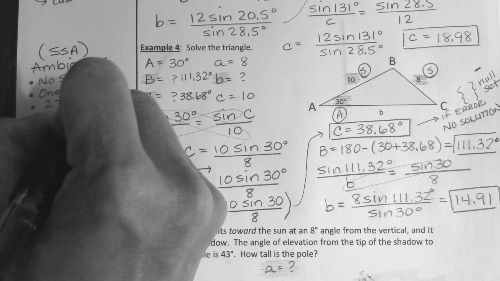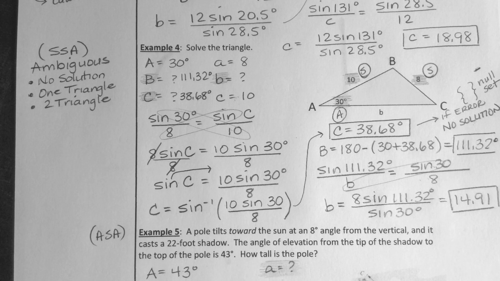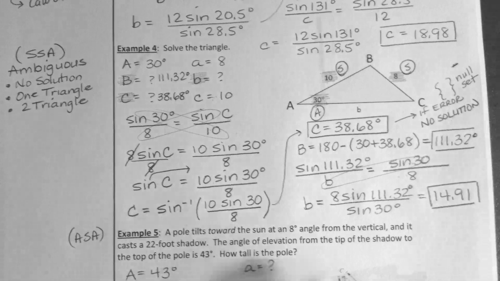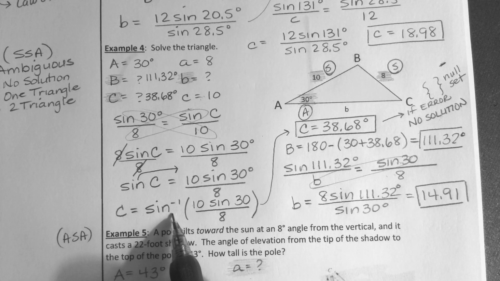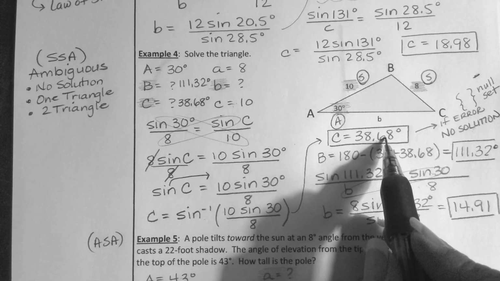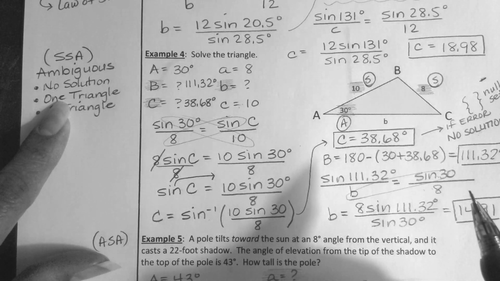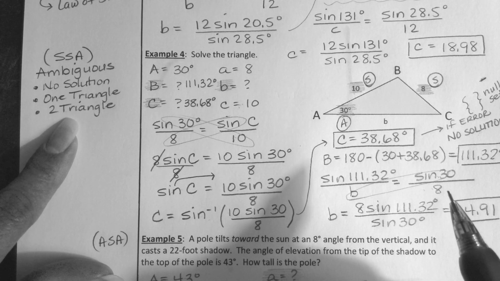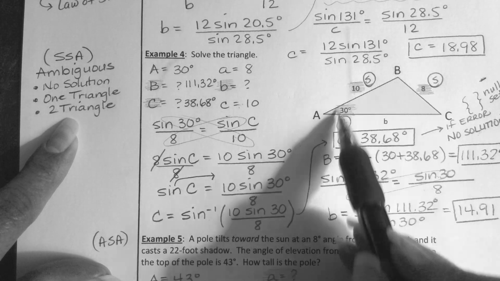What you're going to end up doing is trying to see if it is a two triangle, because it definitely was not a no solution, because when you took the inverse to find the angle, it worked. So if it works, you know for sure that there is at least one triangle. Your job now is to check and see if there are actually two triangles that exist with these scenario values.